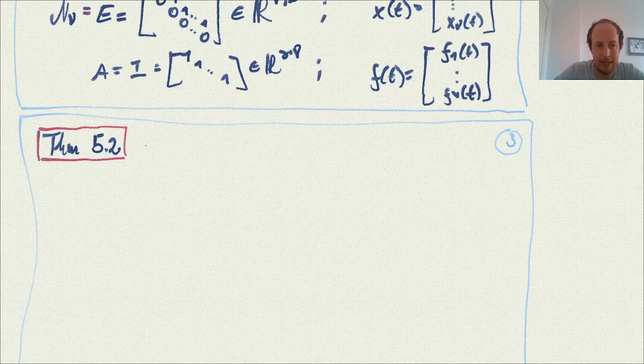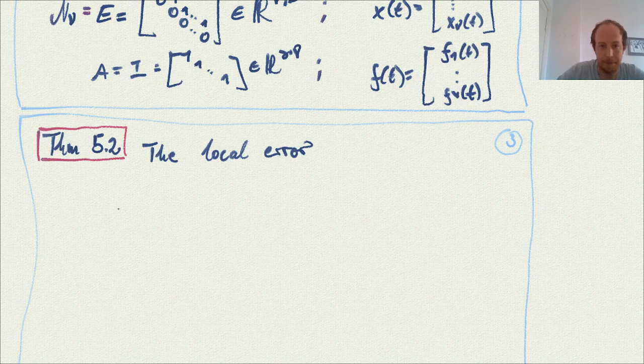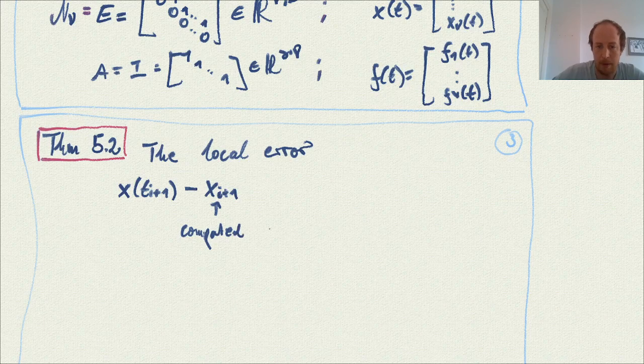Now the theorem says the local error, namely x of t_{i+1} minus x_{i+1}, and this x_{i+1} computed on the basis of the exact x of t_i.